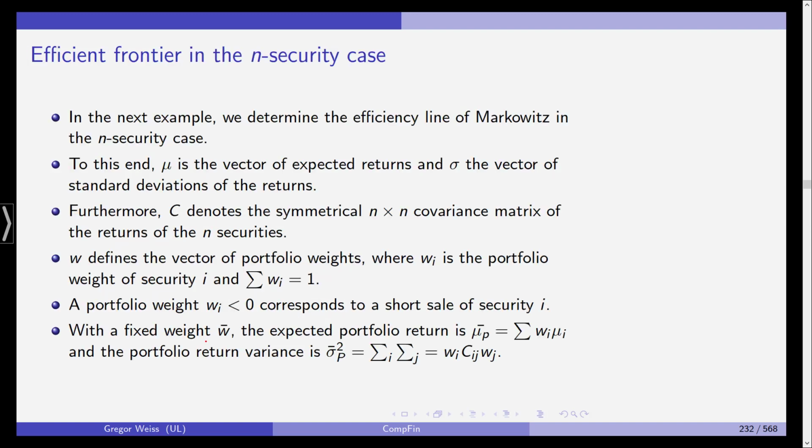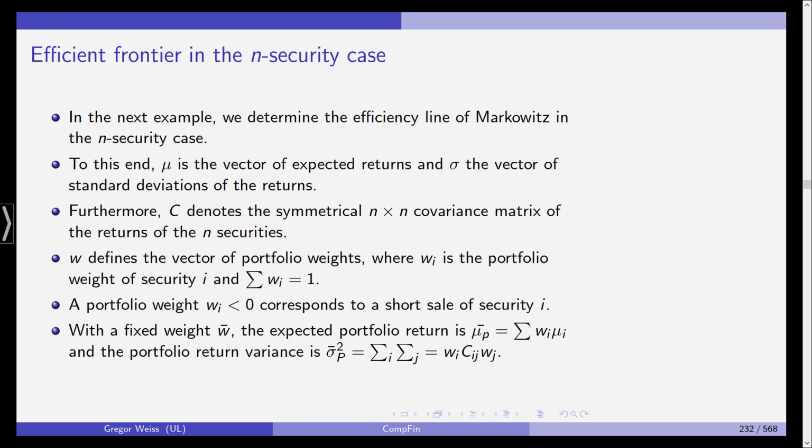So we are looking at the n-security case. We have mu, the vector of expected returns, sigma, the vector of standard deviations. C is the symmetrical n times n covariance matrix for those n securities. W is our vector of portfolio weights, and a portfolio weight Wi below 0 would correspond to short selling.